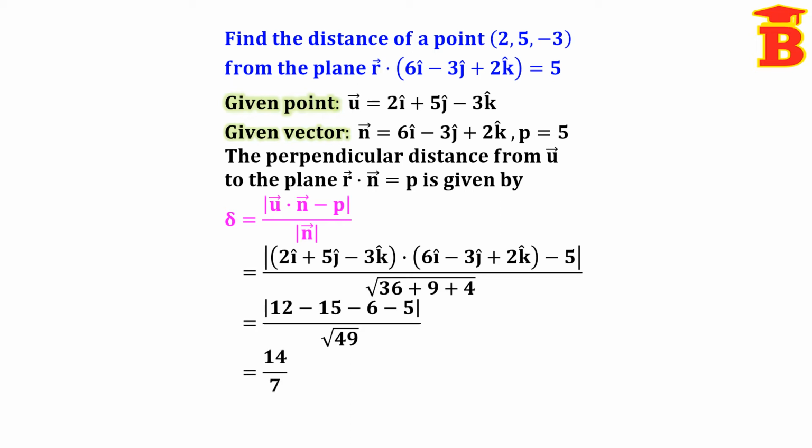This is modulus of minus 14. So modulus of minus 14 is 14. Modulus means we have to take positive only. Divided by root 49 is 7. So this is equal to 2 units.